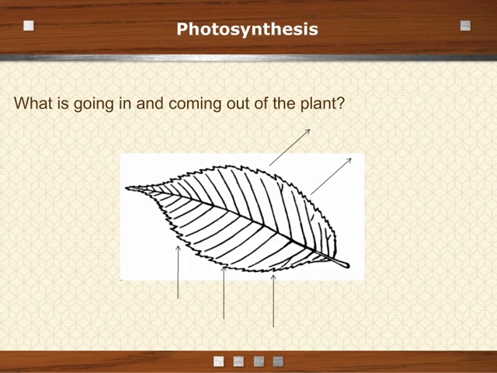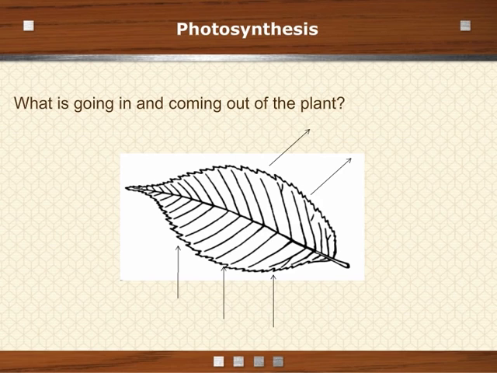Now let's look at photosynthesis in terms of what is going in to the plant and what is coming out of the plant. We can find this out by simply looking at our equation. We have three things going in, and you will see that there are three arrows pointing toward the leaf.